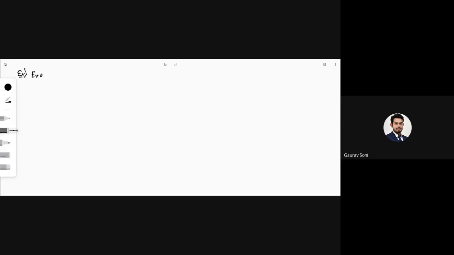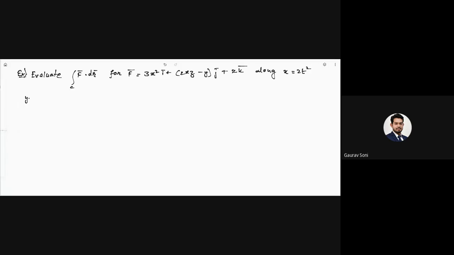Evaluate the integral over C of f bar dot dr bar for f bar is equal to 3x square i bar plus (2xz minus y) j bar plus z k bar along x is equal to 2t square, y is equal to t, and z is equal to 4t square minus t, from t is equal to 0 to t is equal to 1.